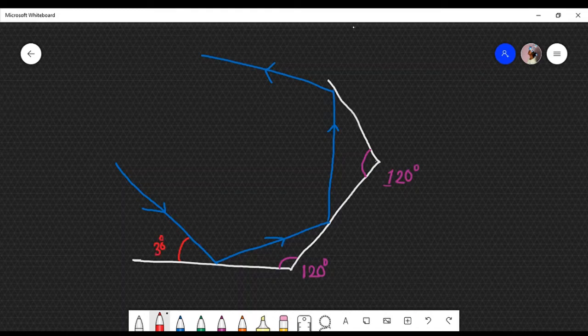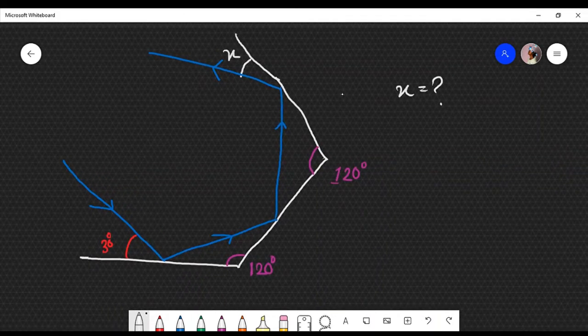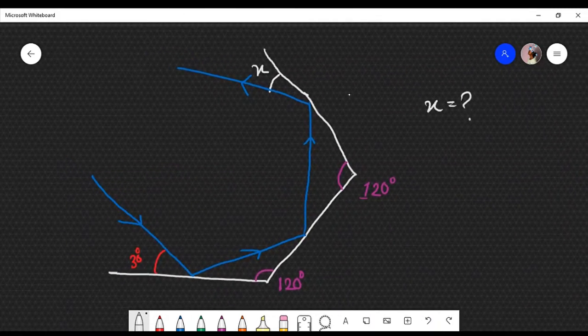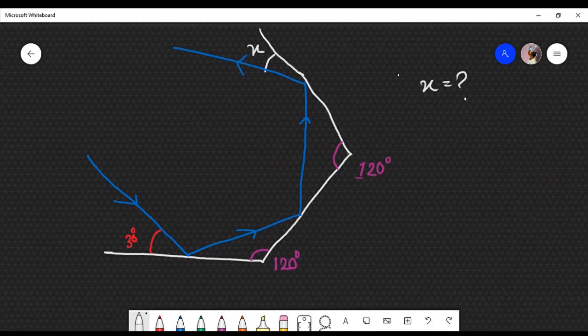Now we have to find what x will be. So let's do some calculations and find x. Let's draw a normal right here, a 90-degree normal on the plane.